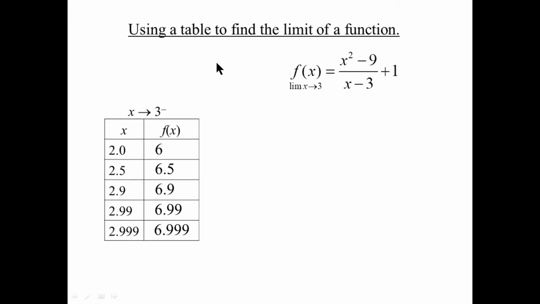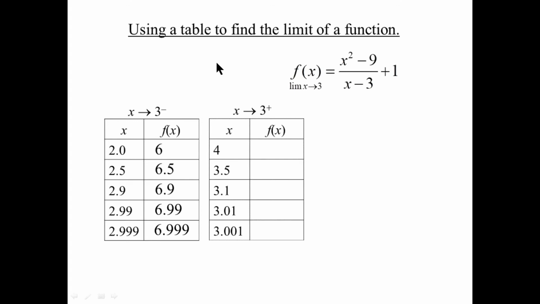Let's consider approaching the x value of 3 from the other side, from the right side. Now to the right of 3, we have the number 4. And then approaching 3 from 4, we have 4, 3.5, 3.1, 3.01, approaching the number 3. Taking these values and plugging them into the function, we get these numbers.